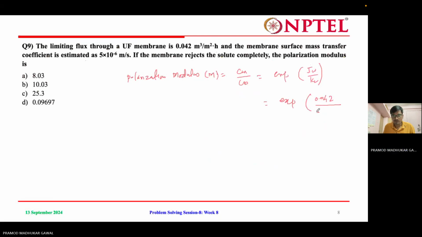So 5 into 10 to the power minus 6 into this 3600. So after solving, 10.31. Check the options. So option B is matching.